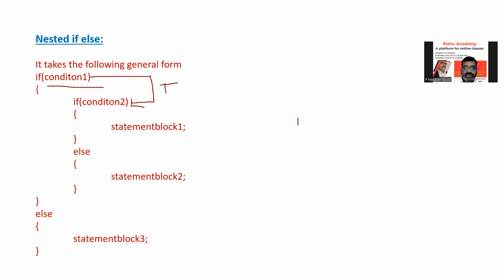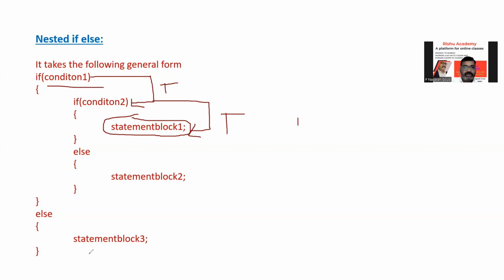Assume condition 2 is also true, then the statement block immediately after the second if will be executed. Statement block 1 will be executed. After this, it goes out of the nested if else statement.